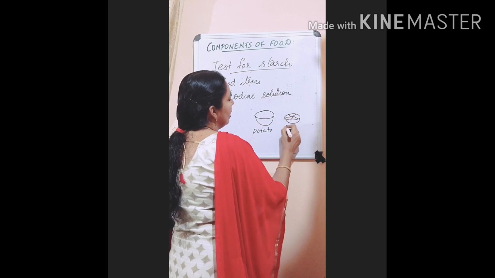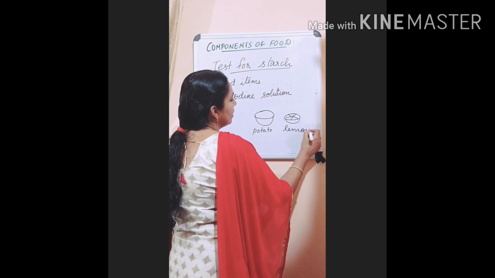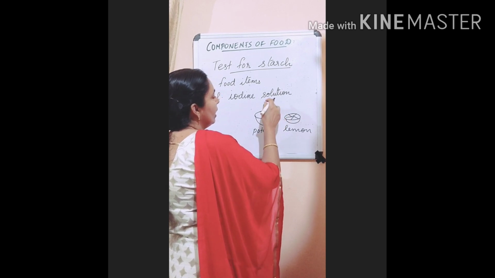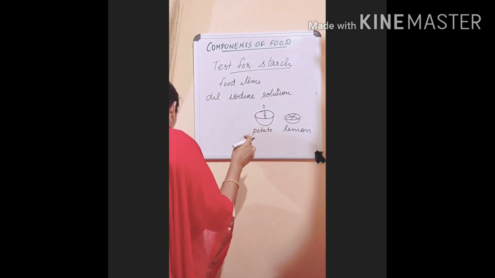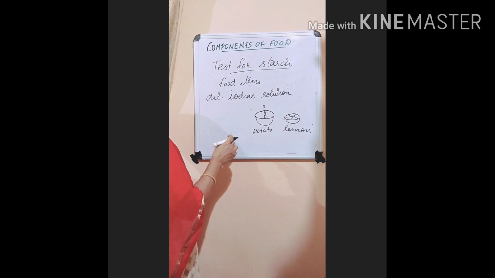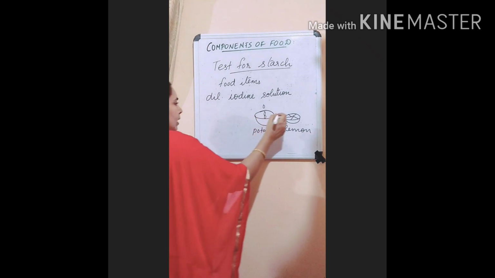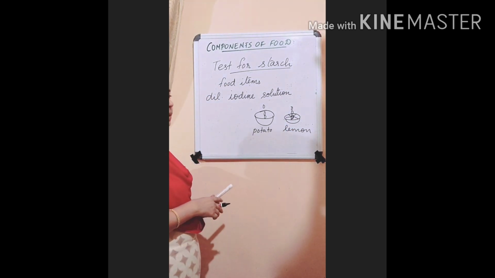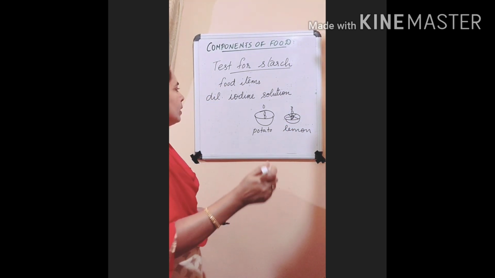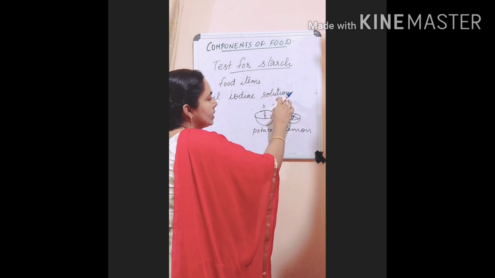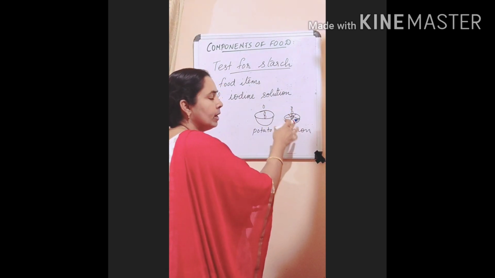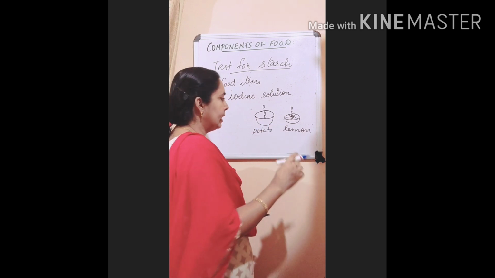Then pour 1 or 2 drops of dilute iodine solution on the potato, and also pour 1 or 2 drops of dilute iodine solution on the lemon also. After pouring this, you can see this dilute iodine solution is light orange brown in color. So on the lemon, it will remain in that color itself.